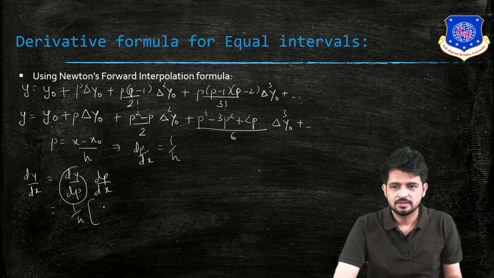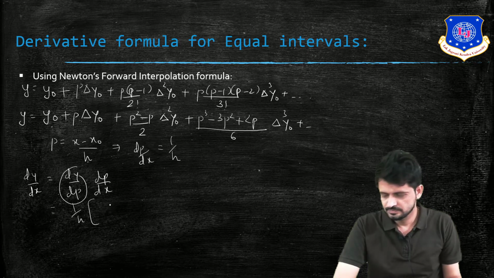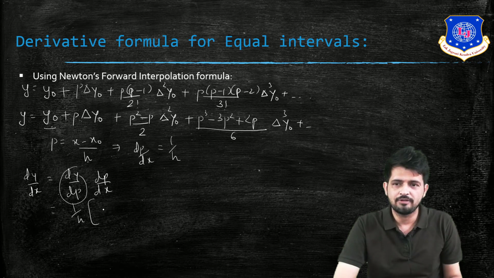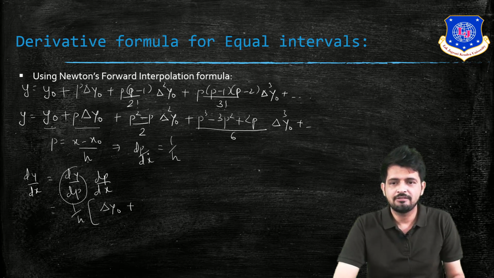Okay, see, here I can write, if I am taking the derivative of y0, the derivative of y0 will be 0, then the derivative of del y0 into p with respect to p will be del y0.